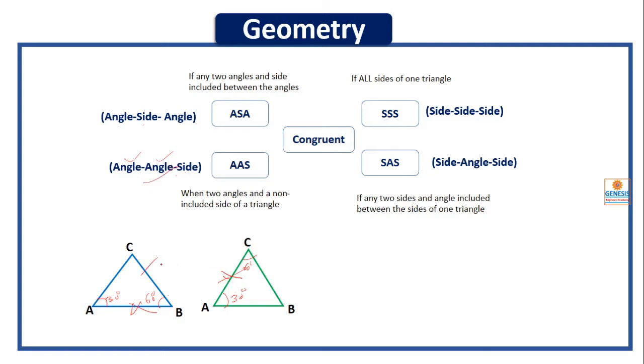The other sides, BC and BC, are equal. These two are not included. Then we call it AAS. These properties of congruence can sometimes be used to solve problems. We will discuss them when we solve problems in the coming slides.